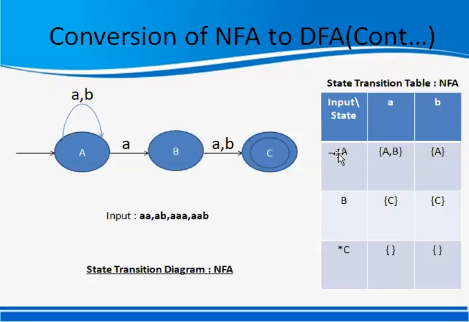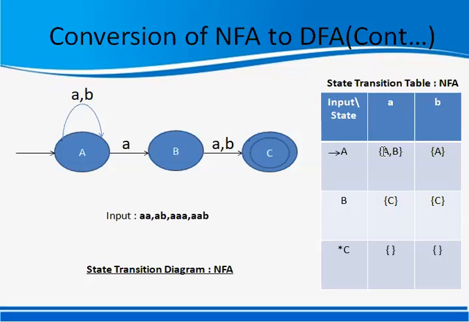So we will see from the initial state A. From initial state A, on input small a, our transition will move to state A and also state B. Means from state A, we can move either to state A on input small a, or we can move to state B on input small a.